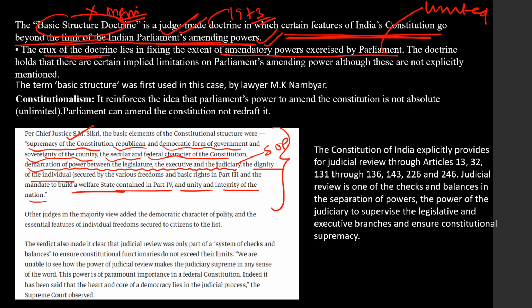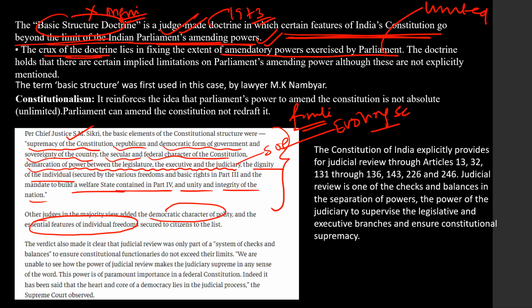Then other judges also added the democratic character of the polity and the essential features of individual freedom to the basic structure doctrine. One thing you should remember is that basic structure is not finite. It has been evolving with the various Supreme Court cases. And that is one of the major criticisms of the basic structure doctrine, that what exactly it is is not defined completely.